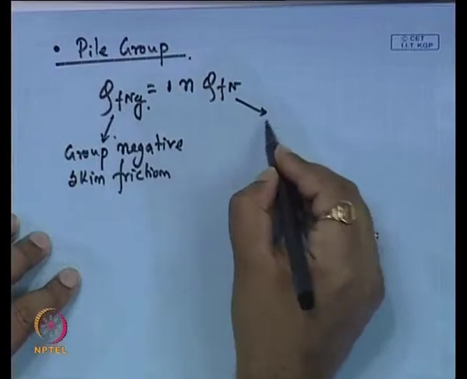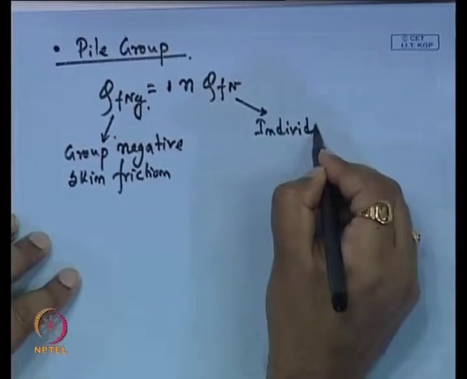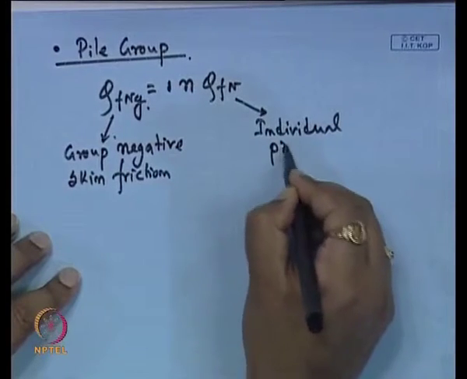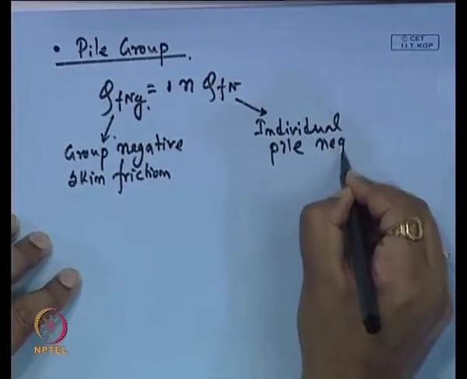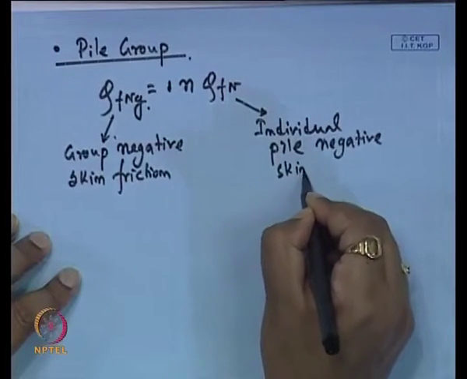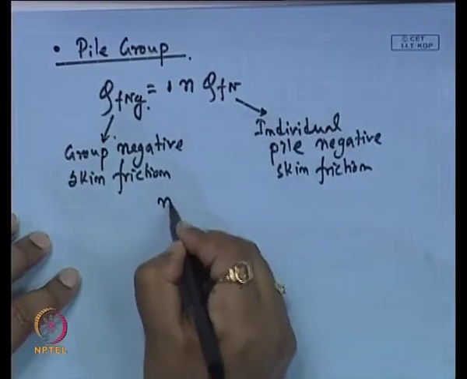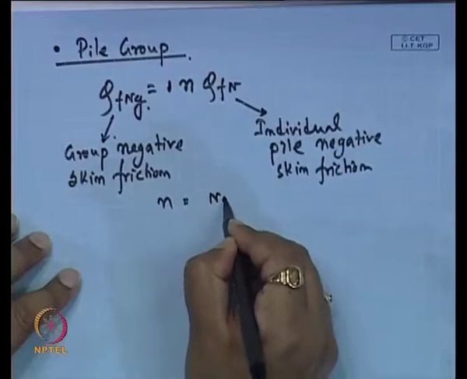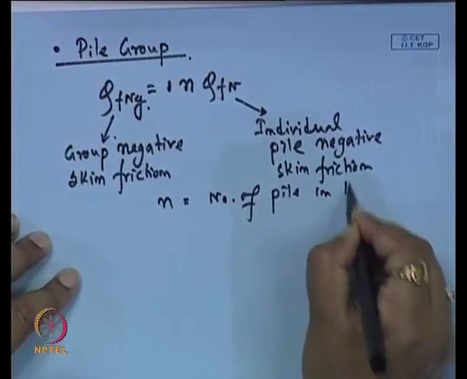This is for the individual pile negative skin friction, and n is the number of piles in the group.